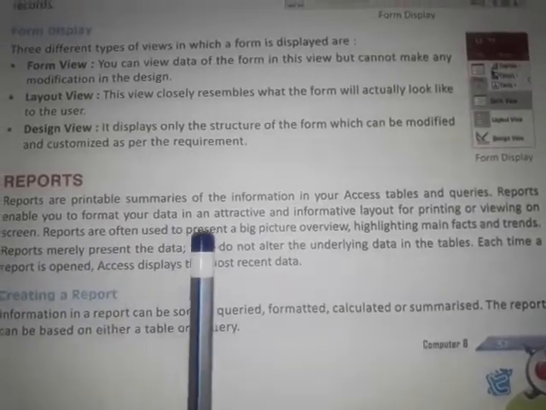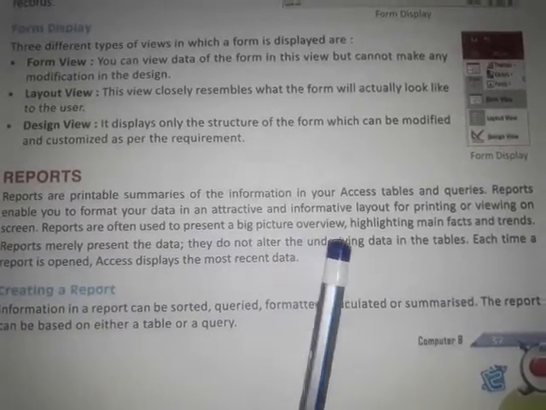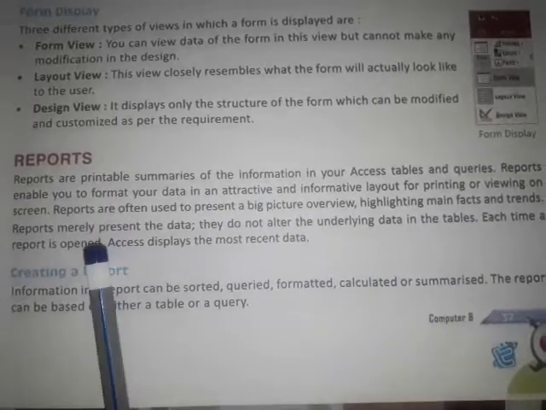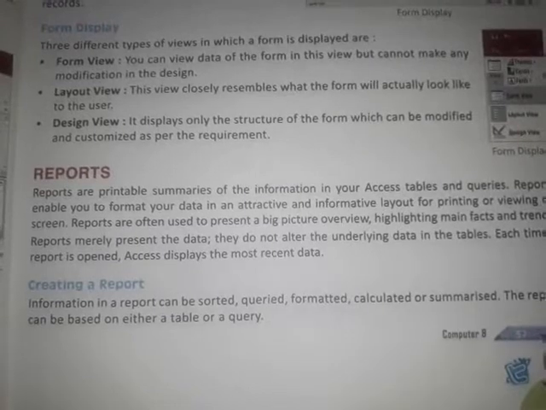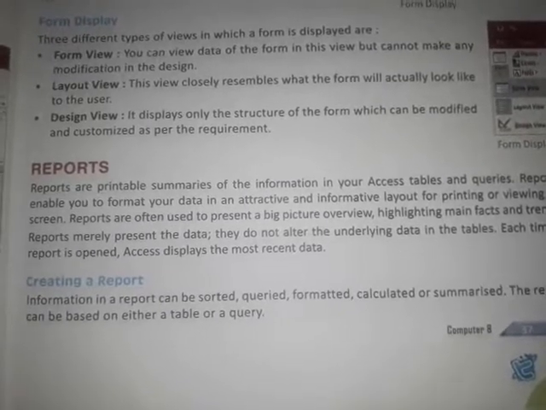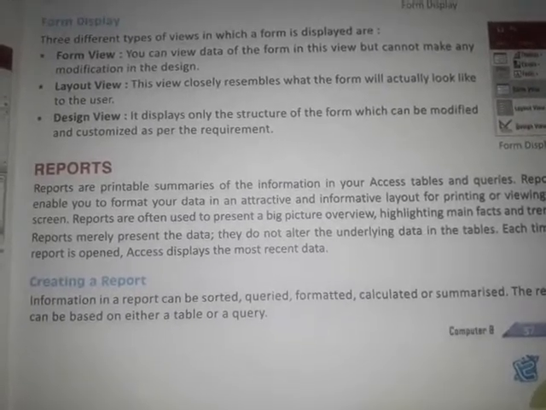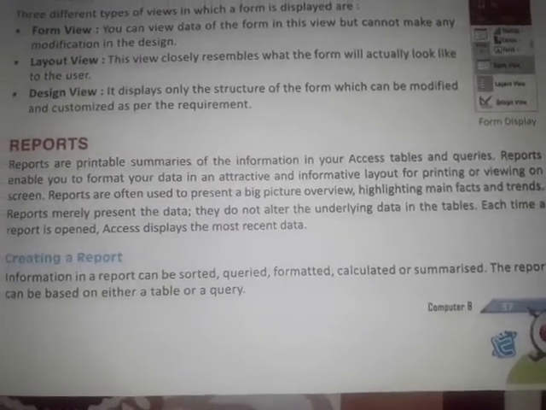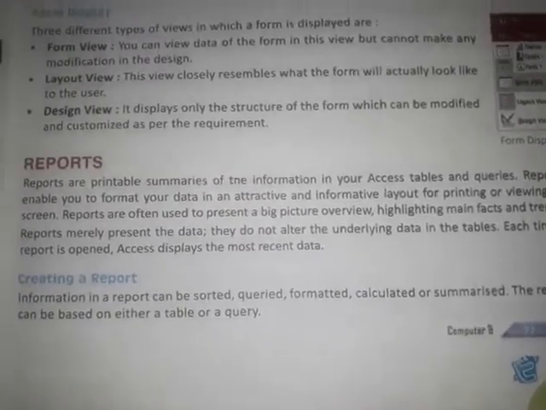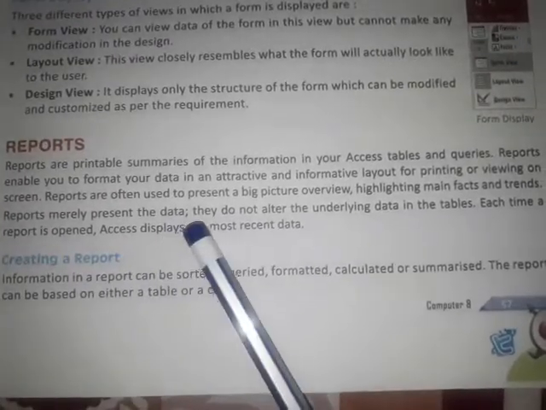Reports are often used to represent a big picture overview, highlighting main facts and trends. You can display not all the data of the tables, but you can take the printouts by applying some filter options, or you can use reports in a very precise manner. Reports merely present the data.